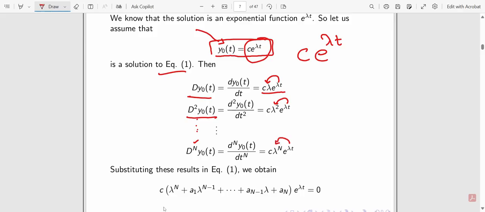Okay, so we can write the right hand side in this way.